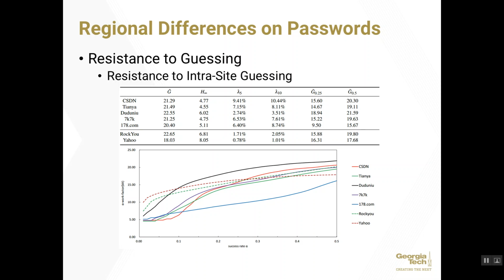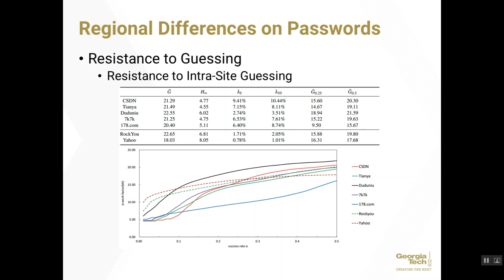This figure shows the curves of alpha work factors against different alpha values for the 7 websites. The 2 dotted lines belong to Roku and Yahoo. We can see that at the very beginning, their alpha work factors are bigger than those of the Chinese datasets.